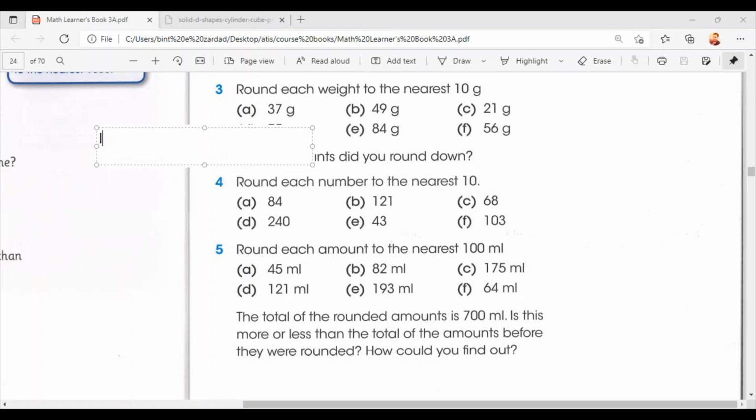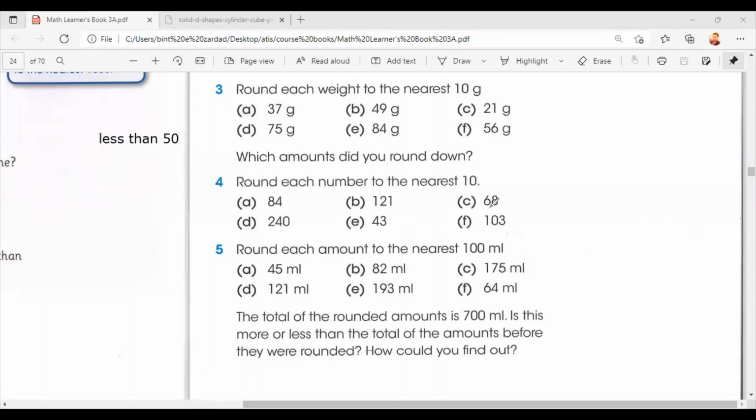If less than 50, we choose the small number. Like 49, 48, 44, 40, 30, 20, even 3, 4. Less than 50, so we are choosing the small option.